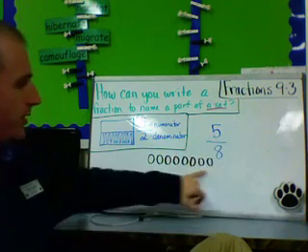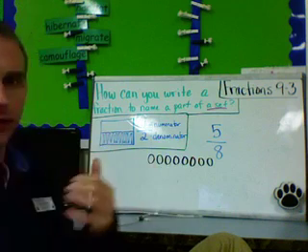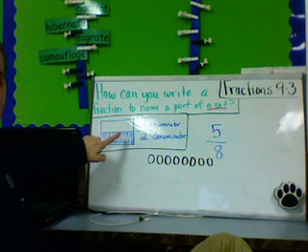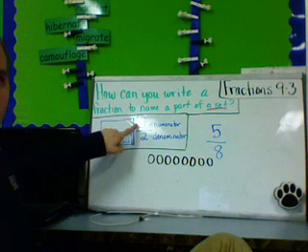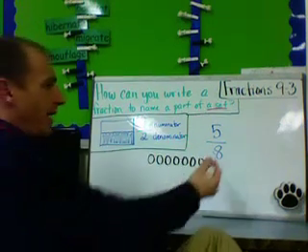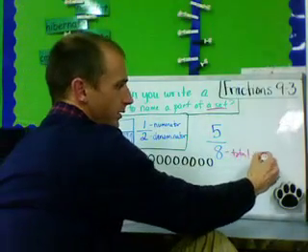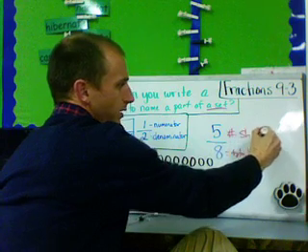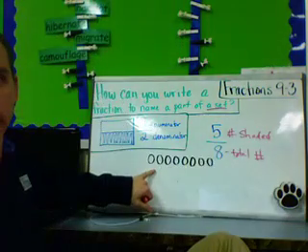Hopefully you were able to see that there are 8 counters. If we were to show 5, we're going to be shading, just like we shaded one part of the total 2, which was our denominator, two total parts with one of them shaded. Now we have 8 parts. If this is our denominator, the total number, and this is the number shaded, how many of these 8 are we going to shade?